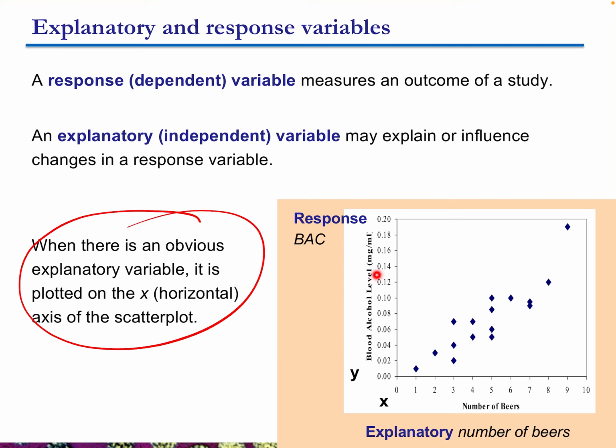Your dependent or response goes in the y. Now, if you're looking at these two variables and one of them is not obviously the dependent or the independent, then don't worry about it. That's not critical here at this stage with regard to correlation. But by convention, if one of them is independent and you can identify it as such, it goes on the x-axis.